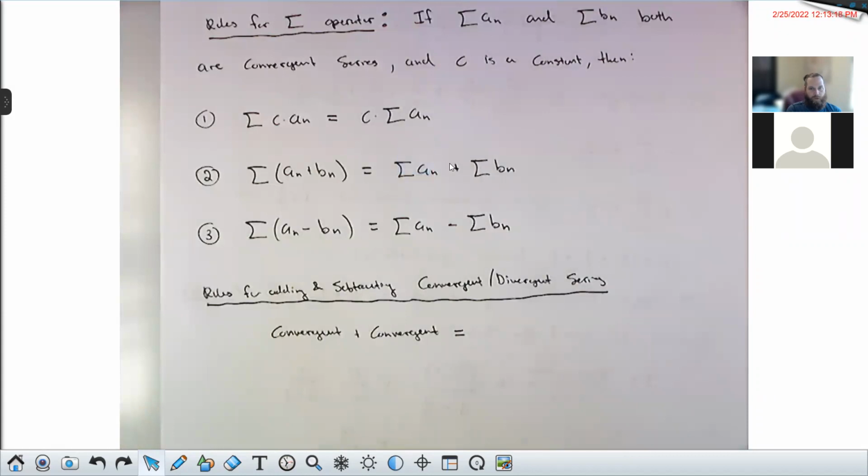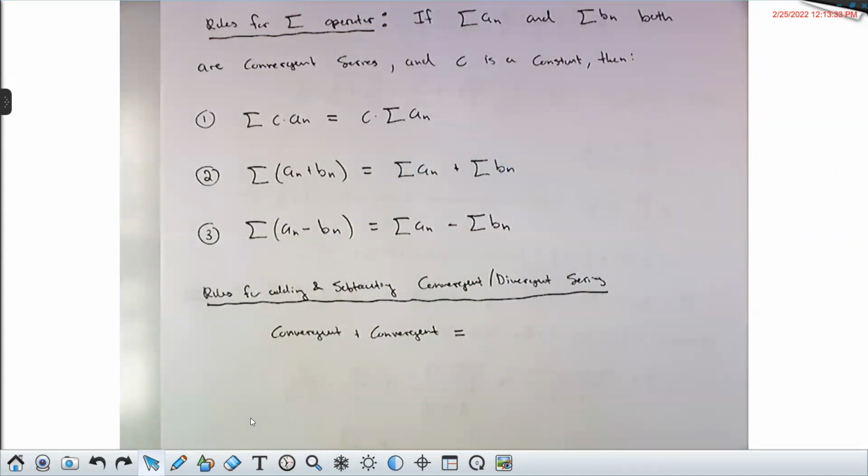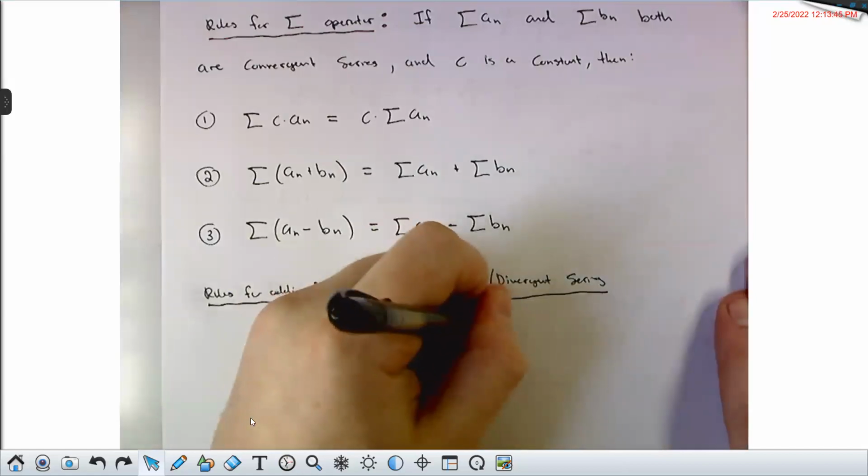Sigma an and sigma bn are both convergent. What do you think I get when I add those up? A convergent series, a divergent series? We don't know. And the answer is another convergent series.